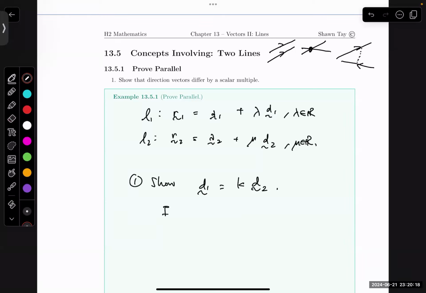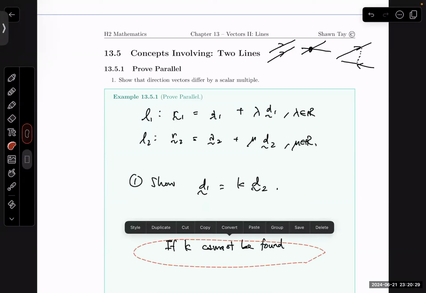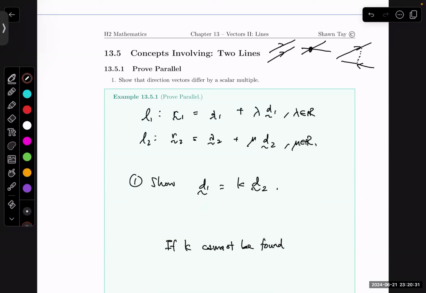If k cannot be found, what does that mean? If I split it into multiple components, for example, (0, 1, 2) equals k times (3, 0, 4). In this case, k cannot be found, right?